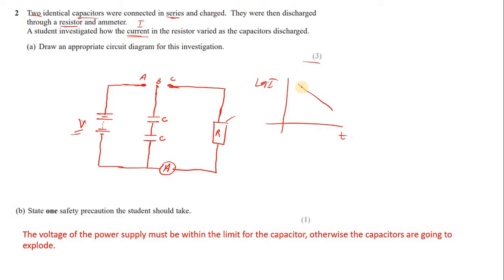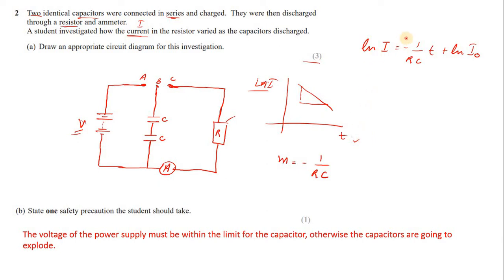And if you find the negative gradient M, it will be minus 1 upon RC. If you recall the relation between log of I and t, ln I is equal to minus 1 upon RC times t plus ln I naught. This is the relation between the log of current and the time.